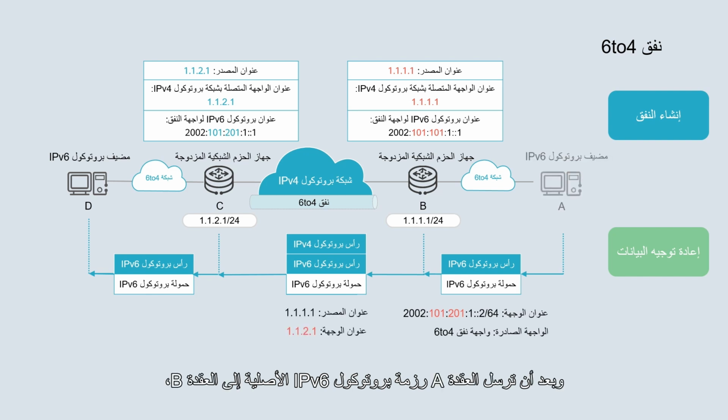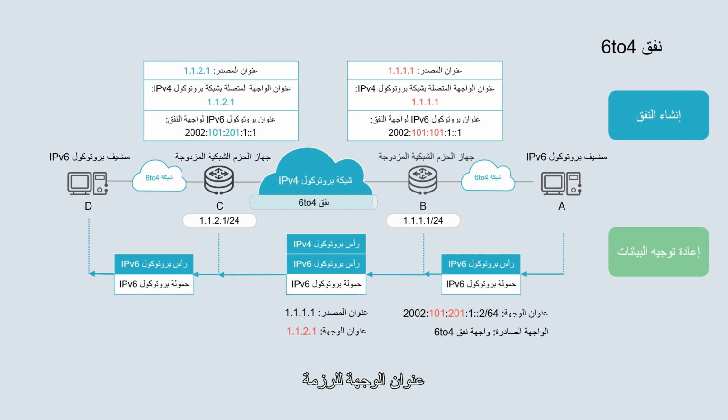After node A sends the original IPv6 packet, node B obtains the IPv4 address from the destination address of the packet and encapsulates the IPv4 address into the destination address field of the IPv4 packet header. In this way, a 6to4 tunnel can be established to transmit encapsulated IPv4 packets.